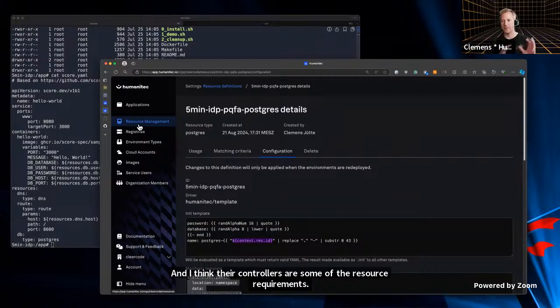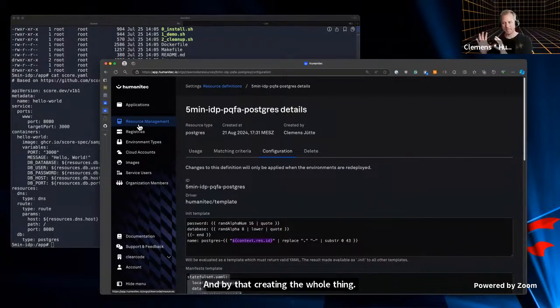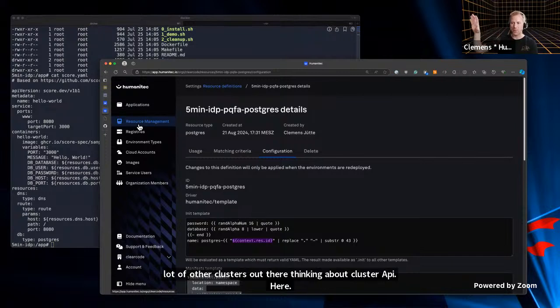But if you think about operators, they are usually, as I said, confined to that one cluster. I know that there are others who are taking that paradigm a little bit further and saying, okay, I'm having an operator which is basically controlling a lot of other clusters out there, thinking about Cluster API here, or that is controlling the outside world.